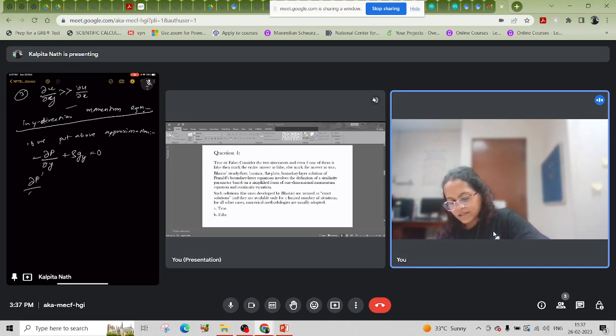Del P dash/del Y is equal to 0, where P dash is equal to P plus rho G, and P is not a function of Y. That is, P is a function of X.